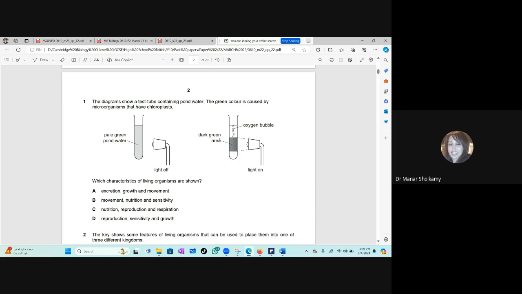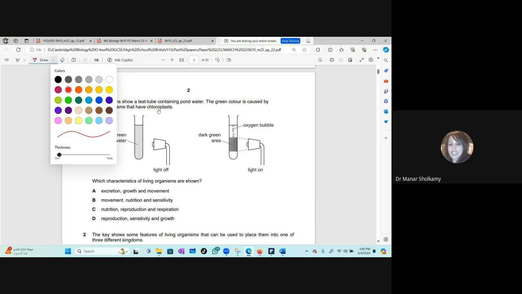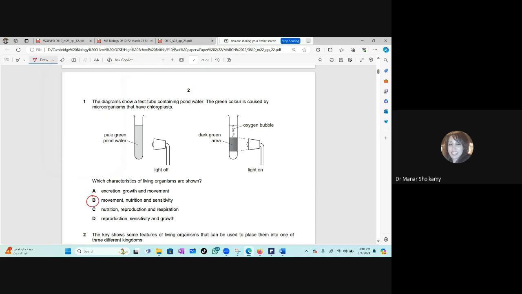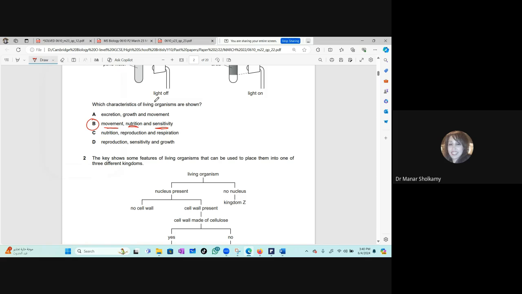Because here we have microorganisms that have chloroplasts, and these microorganisms were all concentrated in front of the light. And why did they concentrate in front of the light? They have chloroplasts, so they do photosynthesis. So nutrition is of course involved. So it's B. Definitely B. Movement, they moved and they were feeding, and then they sensed the presence of the light. So it is sensitivity.